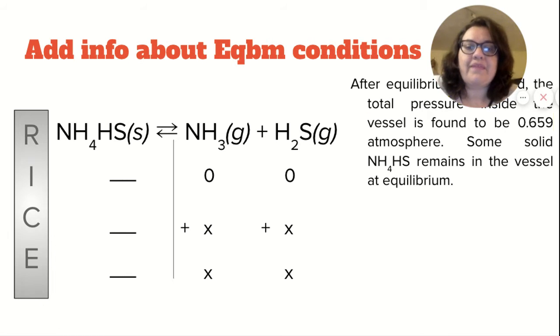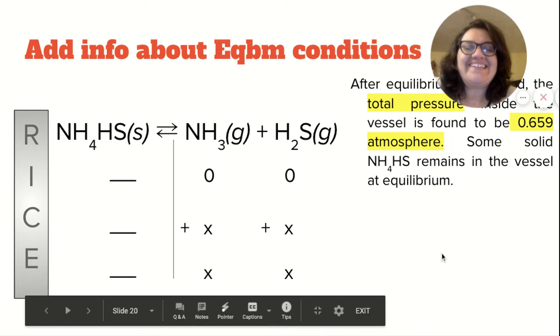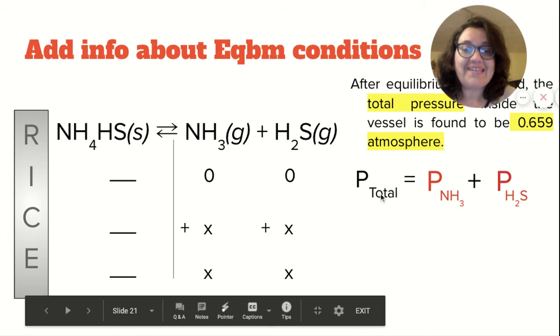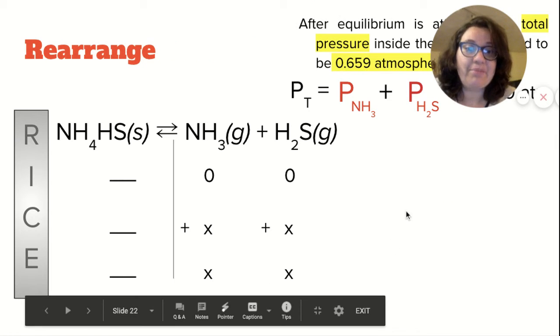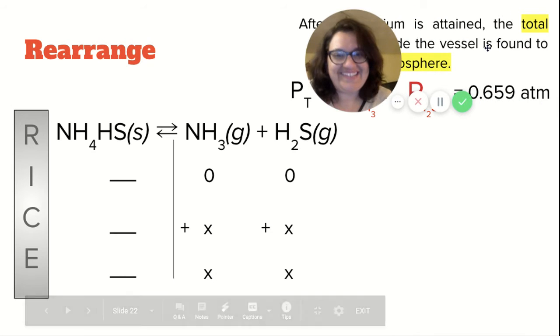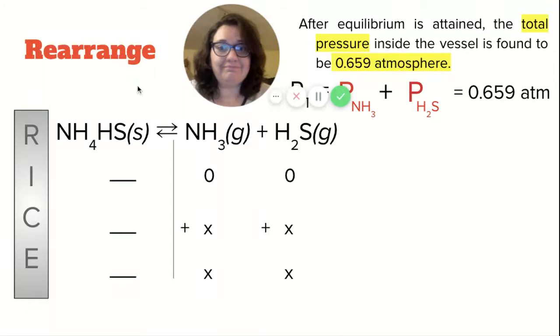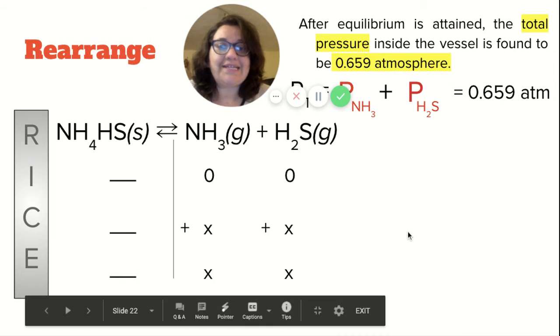So, when we're dealing with gases and you have a total pressure, what you have is the sum of all of the partial pressures. So in this case, there are only two gases. So the sum of those two partial pressures must add up to 0.659. I haven't said anything new.